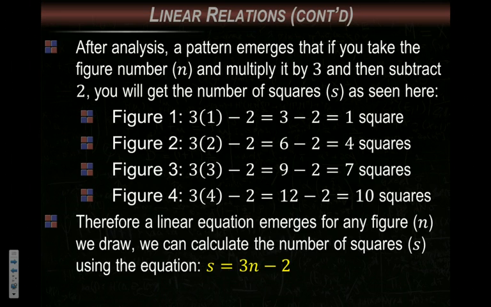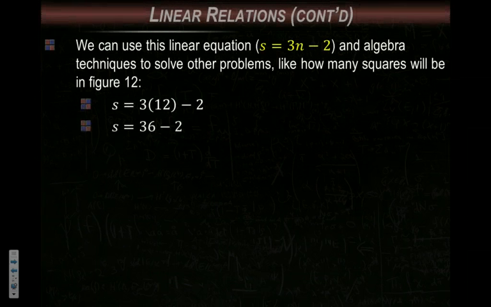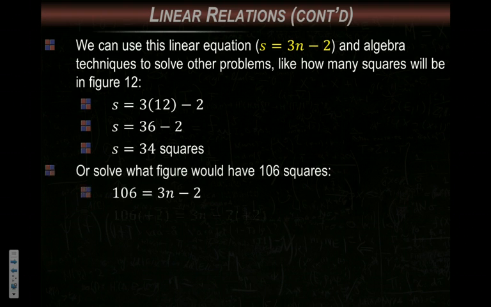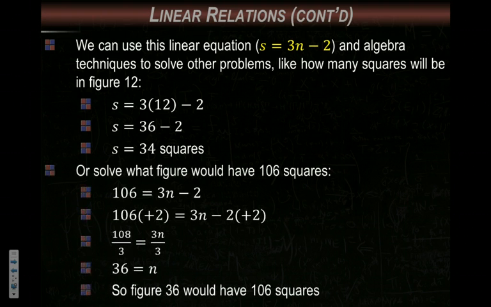It works in general for any number of figure. So I can use this now. So for example, with that linear equation, I can figure out for figure 12 that it'll need 34 squares.